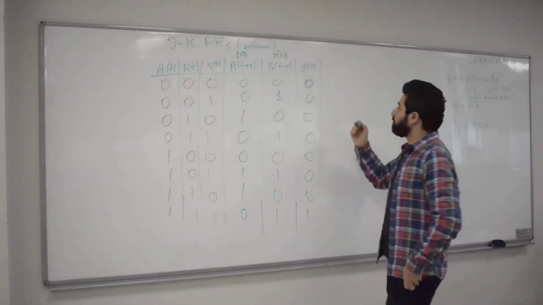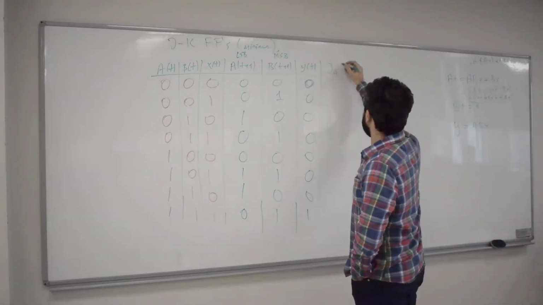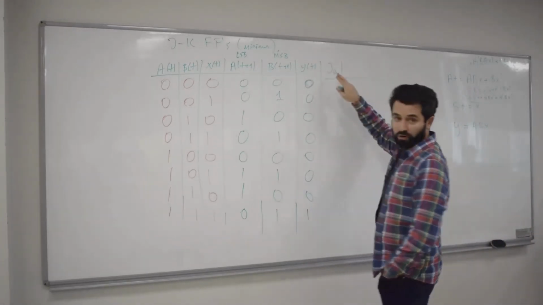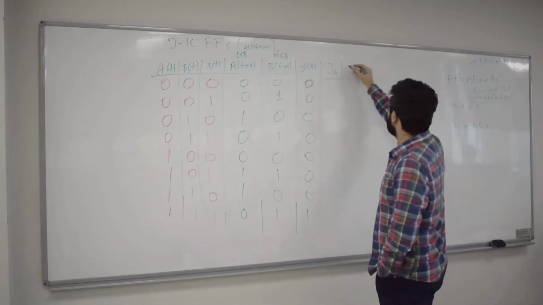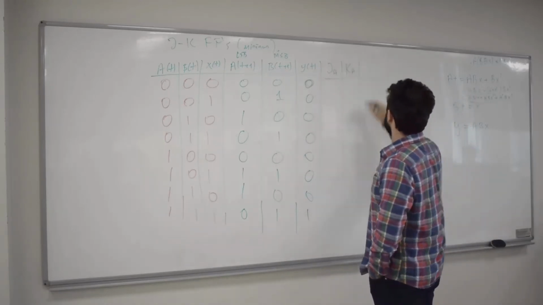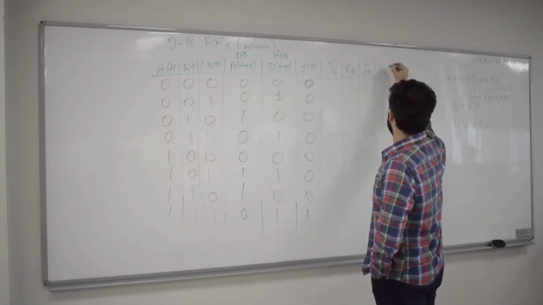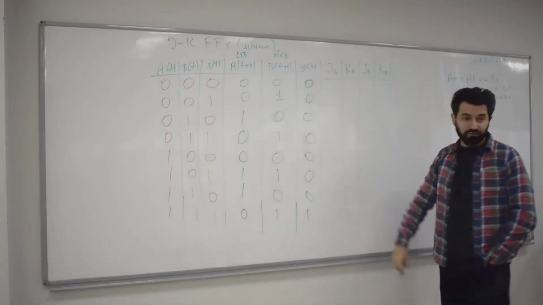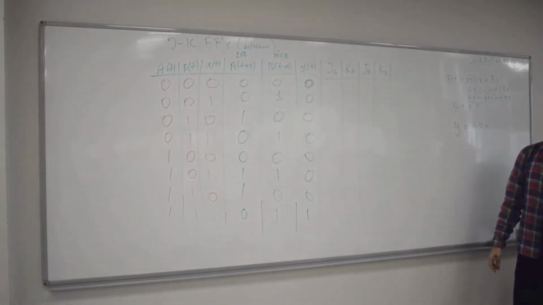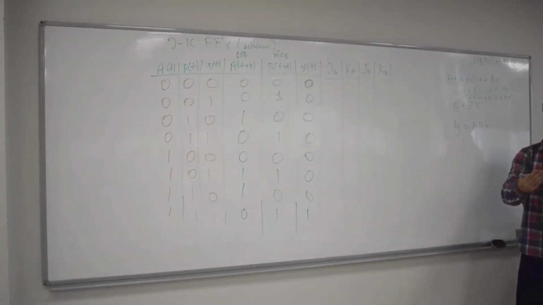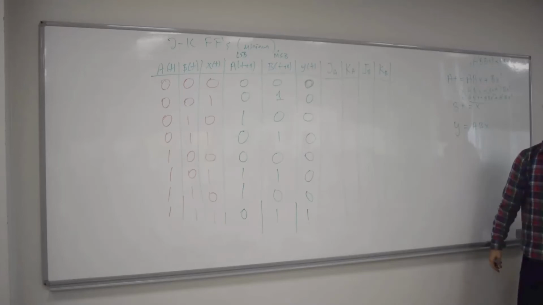So I'm going to now put JA. You've probably figured out what JA means. JA, KA, JB, and KB. Okay? These are the inputs of 2 different flip-flops. JA means the J input of the A flip-flop, the first flip-flop, and KA means the K input of the first flip-flop, which I usually call A.